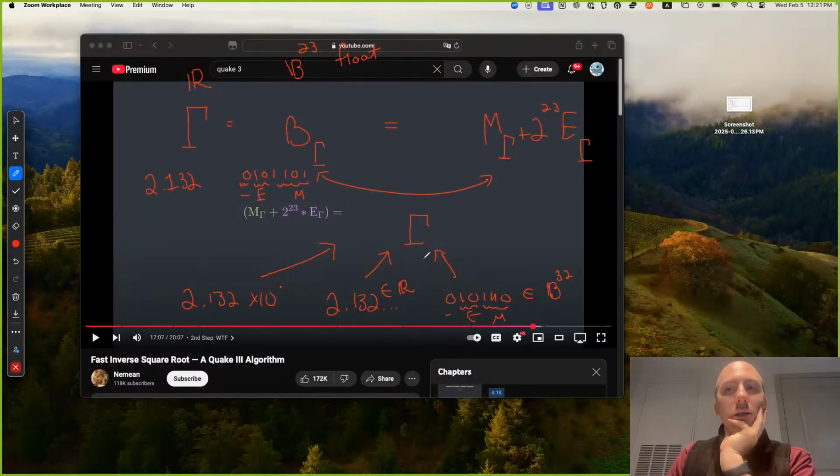So when you say two things are equal, I feel like there's a distinction between a representation and an encoding.